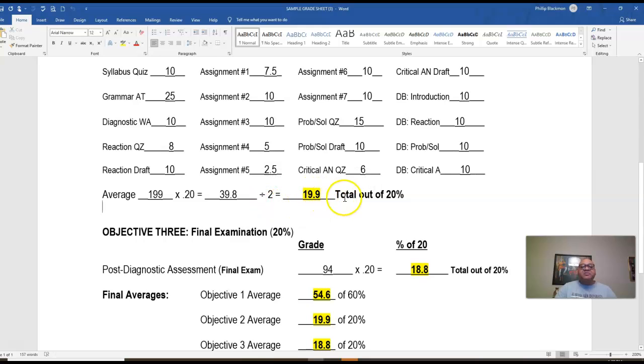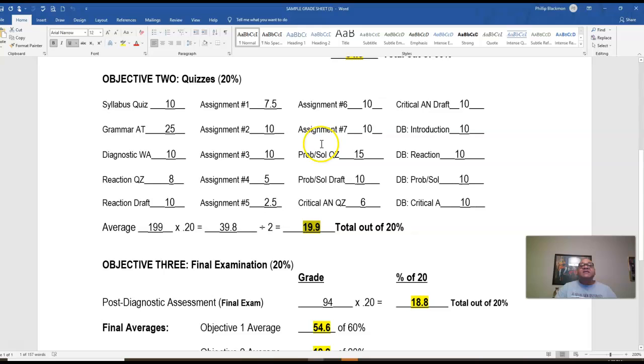which gives me 19.9. So out of 20%, along with the extra credit, and remember there are some low scores here, I still got 19.9%, almost the full 20% for this objective. Some of you have very high scores, so there is a good possibility that you're going to get more than 20%.